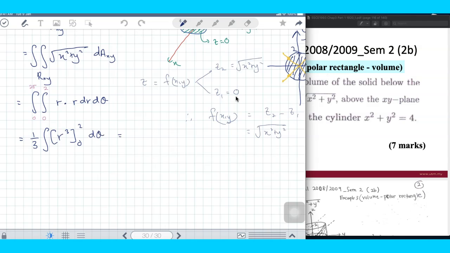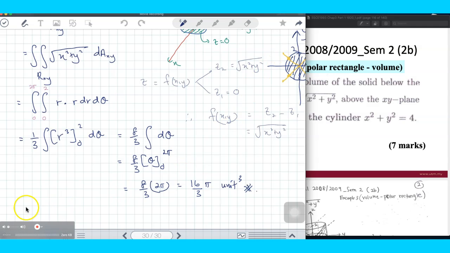So we have 8 over 3 d theta, and 8 over 3 theta from 0 to 2 pi. So we have 16 over 3 pi unit cubed, because we are computing the volume.